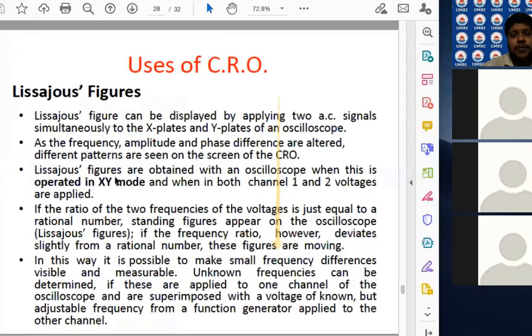Now we are moving to one final application or method to find out some important parameters about the signals. So I hope you have heard this word, Lissajous figures.